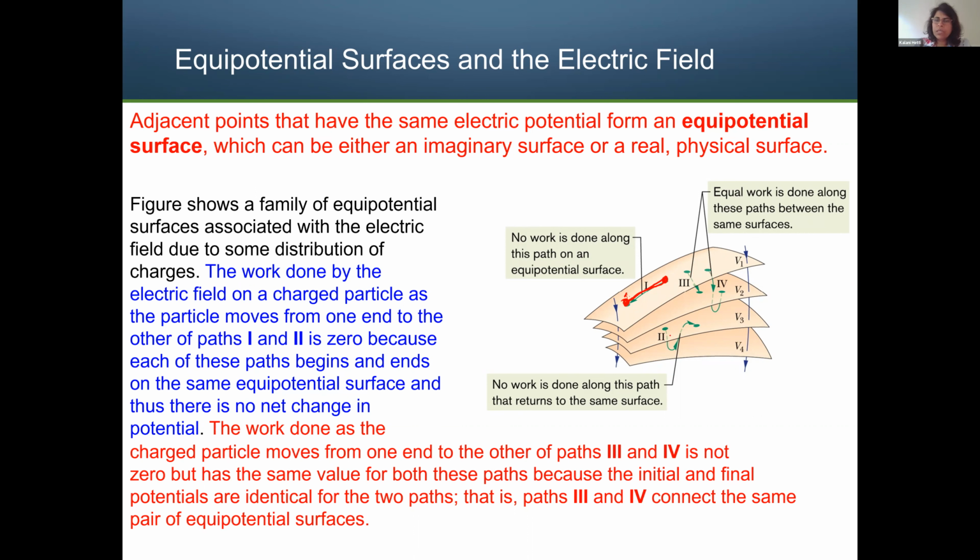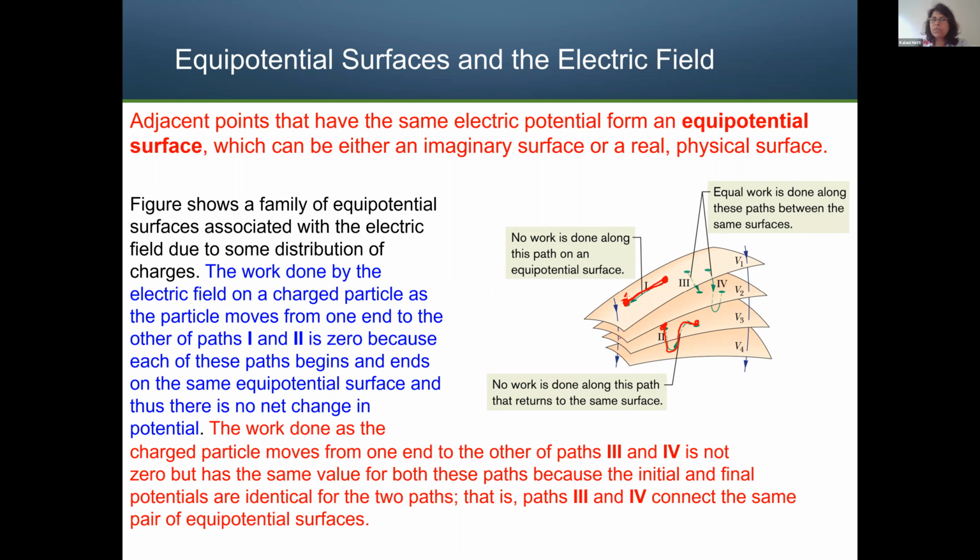But if you go to another place and come back to exactly the same surface again, still there is no work done, because the electric force is a conservative force. Because of that, the work done is independent of the path, as you learned in your physics 1.